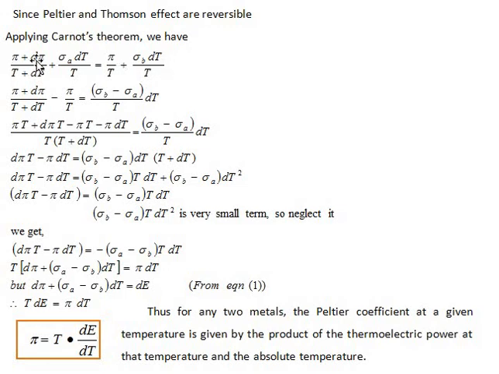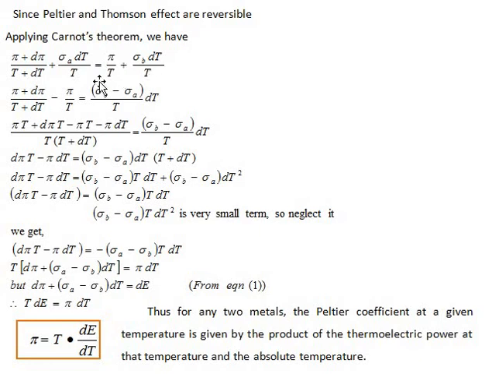So pi plus d pi divided by T plus dT, the amount of heat energy absorbed due to the Peltier effect at temperature T plus dT, plus the amount of heat energy absorbed due to the Thomson effect at temperature T, is equal to the amount of heat energy evolved due to the Peltier effect at temperature T, that is pi divided by T, plus the amount of heat energy evolved due to the Thomson effect at temperature T, that is sigma B into dT divided by T.